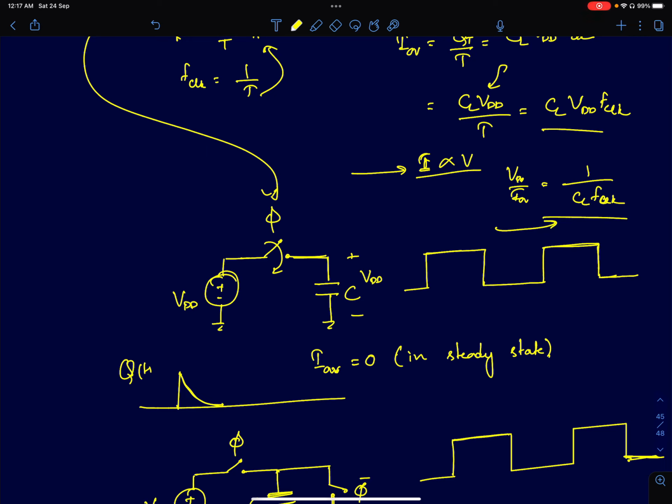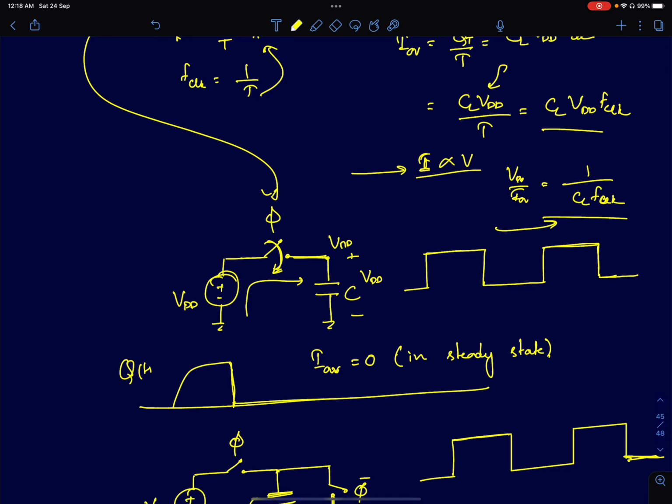The total charge transferred from the supply to the capacitor in the first cycle is going to be C into VDD. After that, once the capacitor voltage reaches VDD, even though the switch is opening and closing, there will be no transfer of charge because those two are equipotential surfaces.